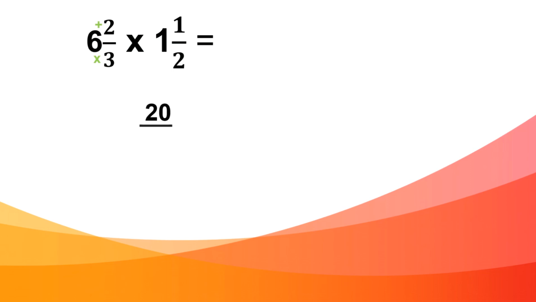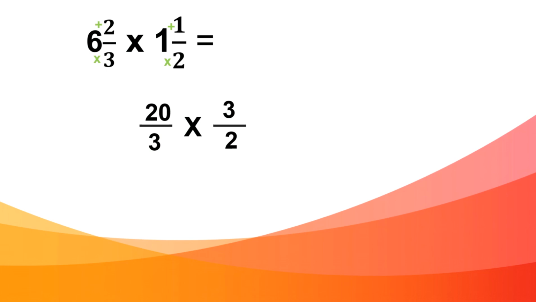Kopyahin lang ang denominator na 3. And then, ganun din dun sa second mixed fraction natin. 2 times 1 is 2 plus 1 equals 3. And then, kopyahin yung denominator na 2. So, ang improper fraction ng 6 and 2/3 is 20/3. Tapos, ang improper fraction ng 1 and 1/2 is 3/2.